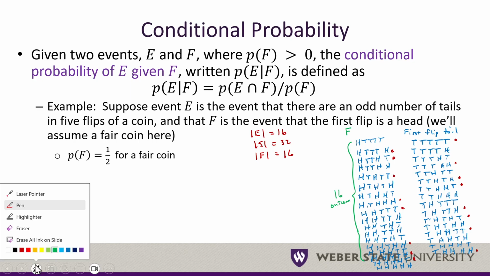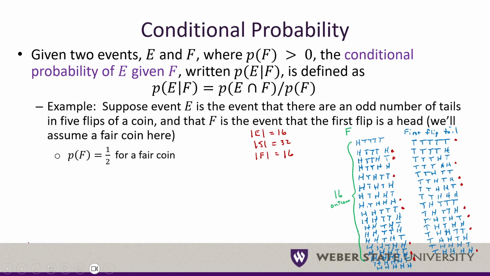And then the other one is E. E is 16 outcomes. So that's how we get our probabilities there.